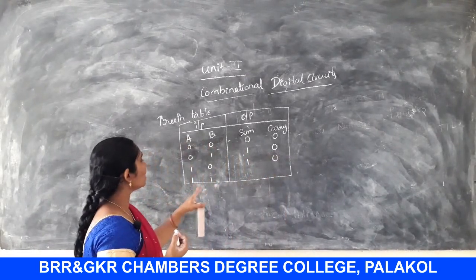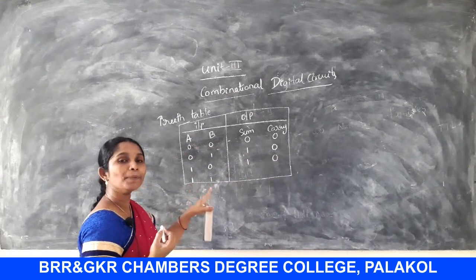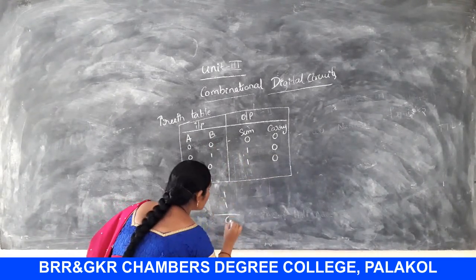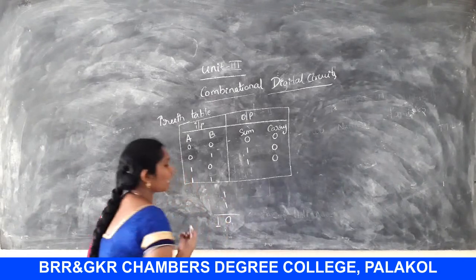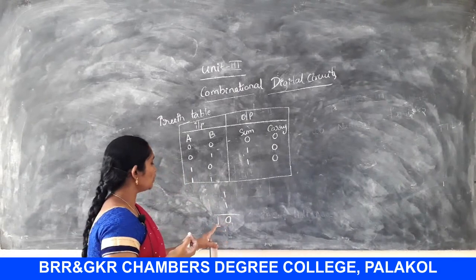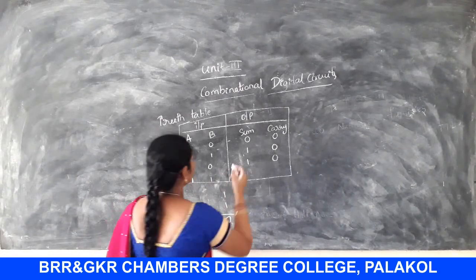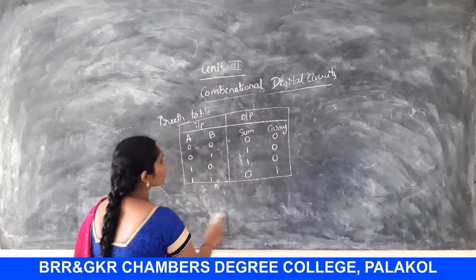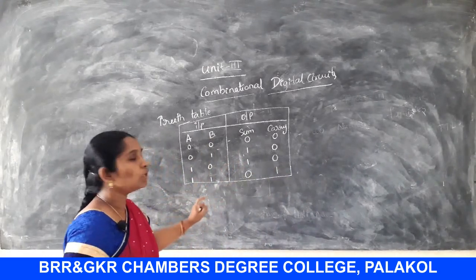And next one is 1 plus 1. As I already told, 1 plus 1 is 10, sum 0 and carry 1. So this is the truth table.